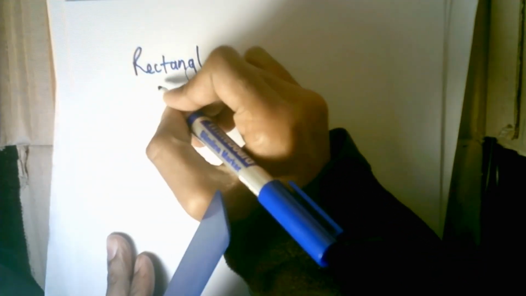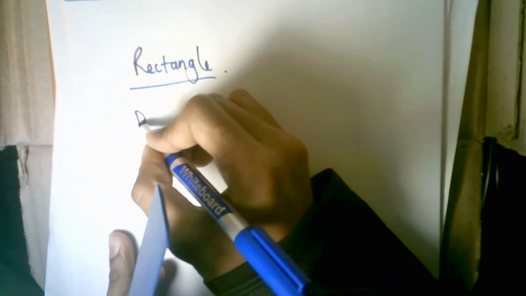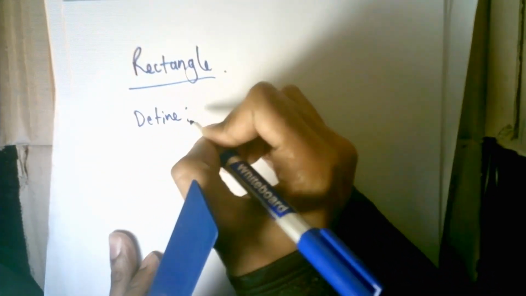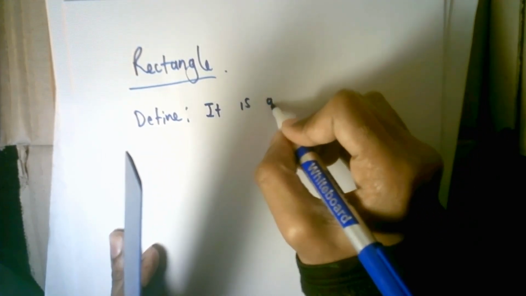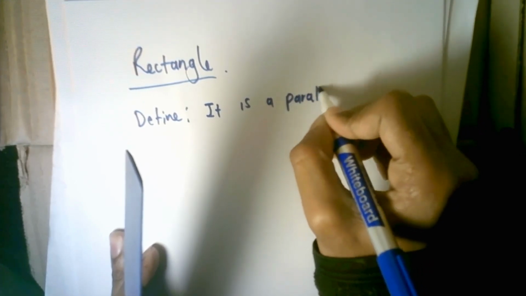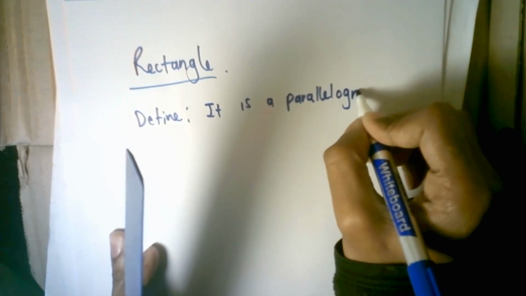But back to the interesting stuff, we said that a rectangle is in fact a parallelogram. So let me write that down. So we're looking at the rectangle. Let's define a rectangle before we draw a rectangle. We said a rectangle is a parallelogram, meaning that it is a quadrilateral with both pairs of opposite sides parallel.